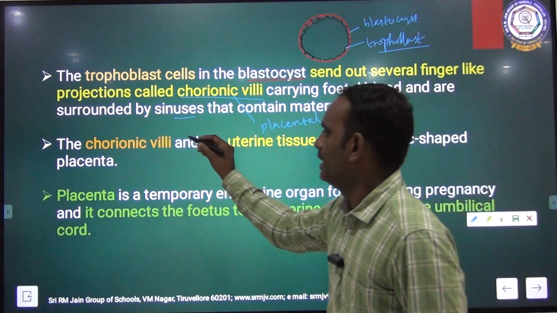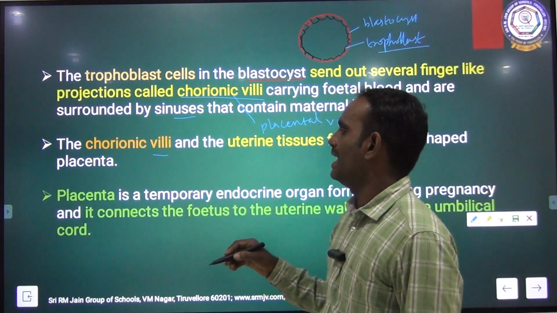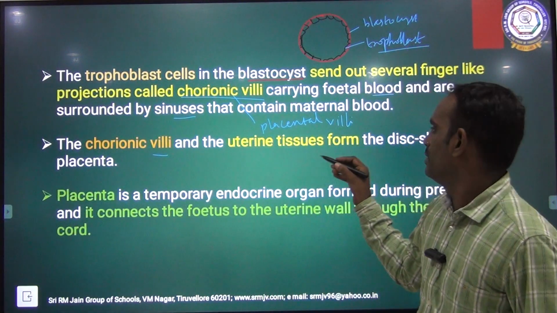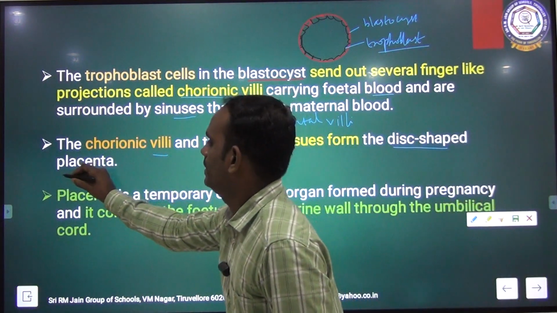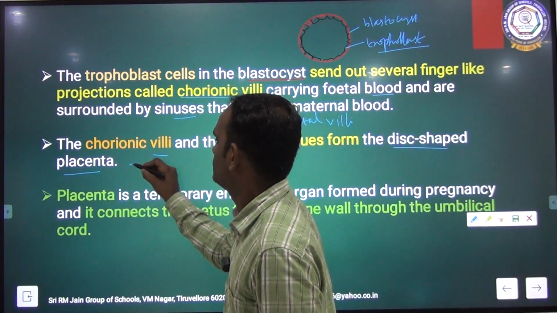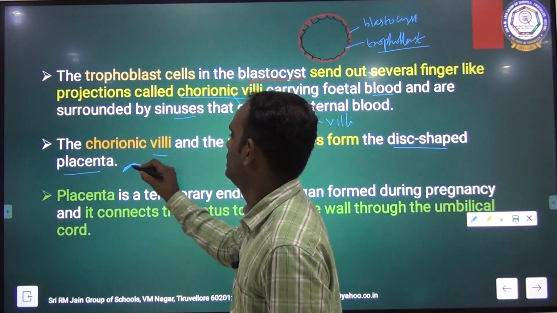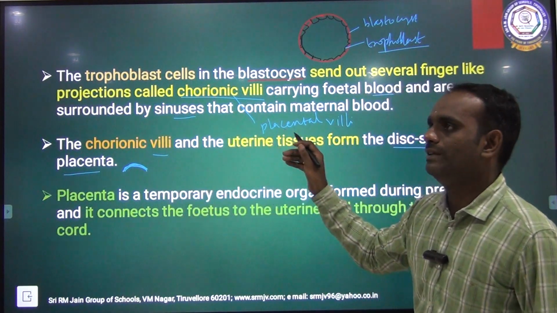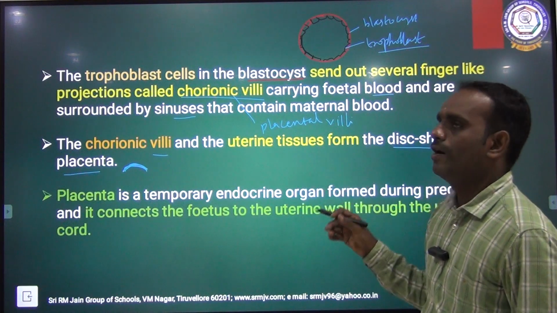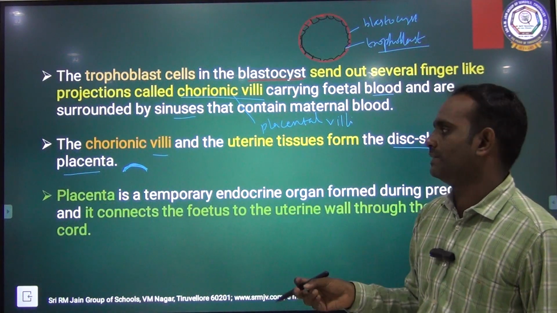The chorionic villi or placental villi and the uterine tissue form the disc-shaped placenta. This is the disc-shaped placenta. Okay. So, the chorionic villi and the uterine tissue form the disc-shaped placenta.